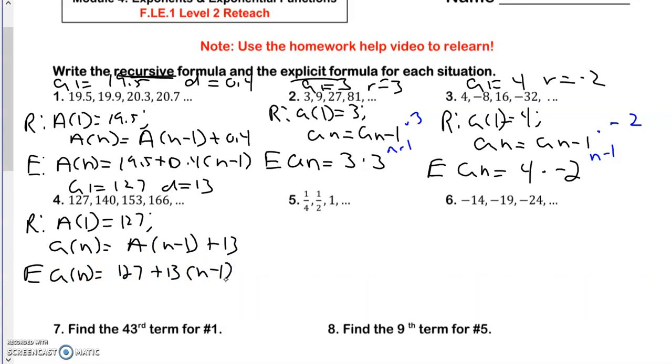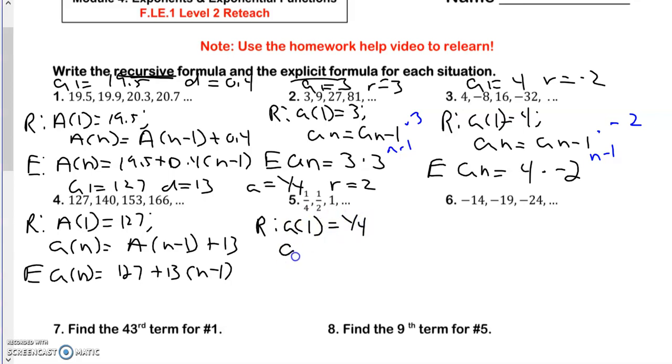Oh no, fractions! Whoa! Okay, so this one, we know it's A1 equals 1/4. And it looks like I'm dividing by, not a half, I'm dividing by 2. So r equals 2. So now I'm just going to go A of 1 equals 1/4.